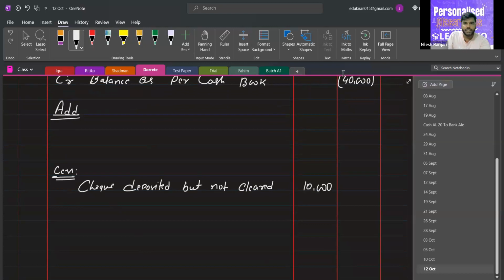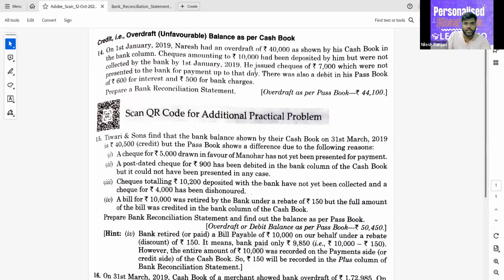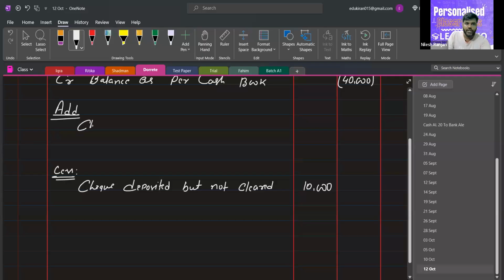After that, he issued a check of rupees 7,000 which was not presented to the bank for payment up to that day. So check issued, because the cash book is decreased, now we have to increase it.